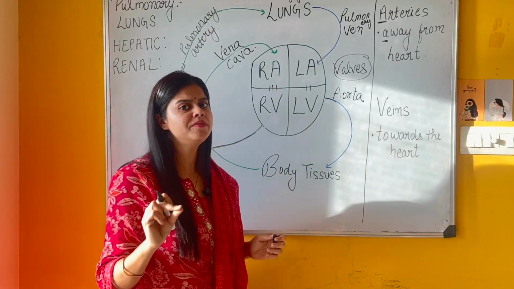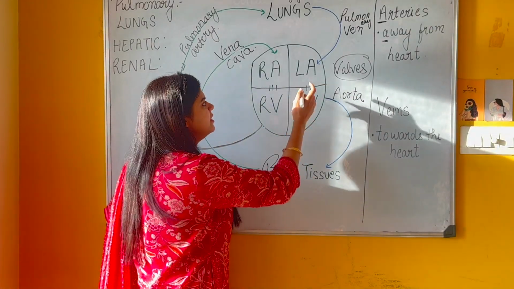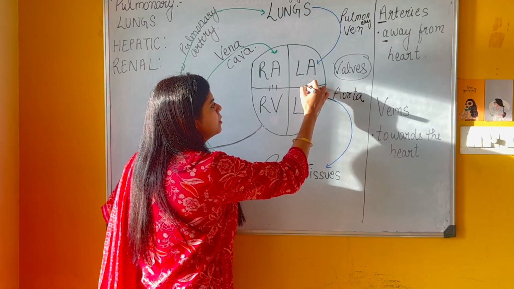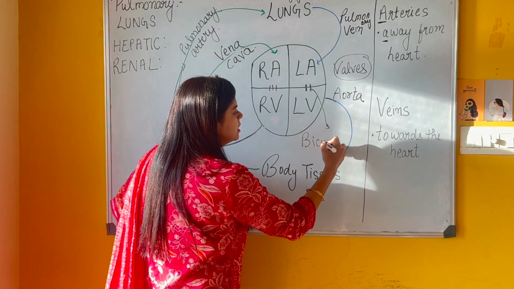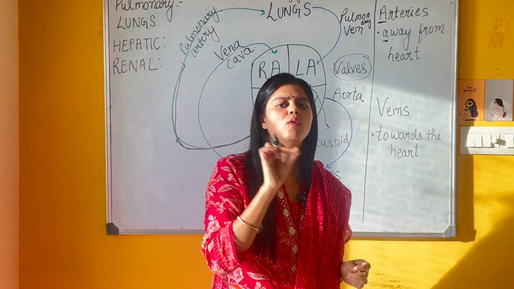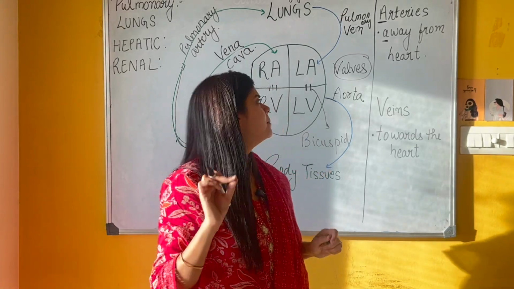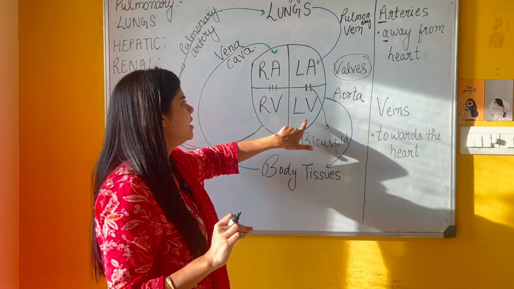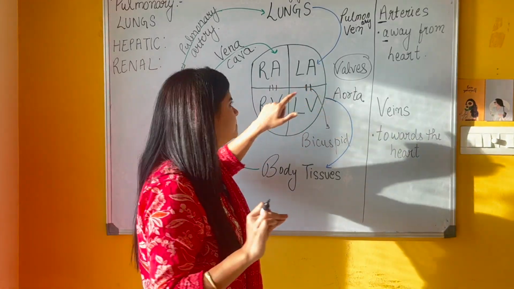There are valves present in the heart between the left auricle and left ventricle, bicuspid. What is the name of this valve? Bicuspid. There is one more name given to the bicuspid valve. It's called the mitral valve. M-I-T-R-A-L. There are valves present between the left auricle and left ventricle. What is the name of this valve? Bicuspid.